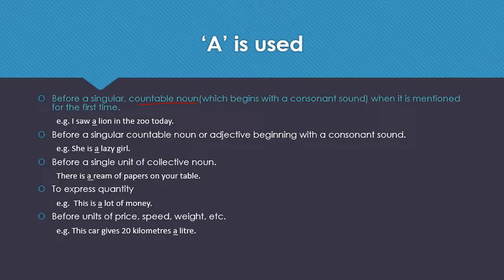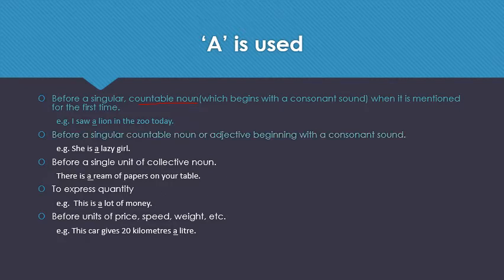Like for example, I saw a tiger today, or I have never seen a comet. Example, I saw a lion in the zoo today. So the speaker is talking about the lion for the very first time.